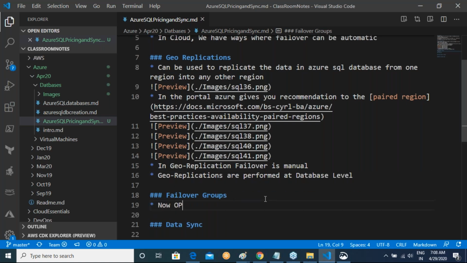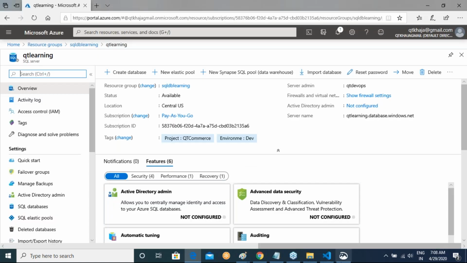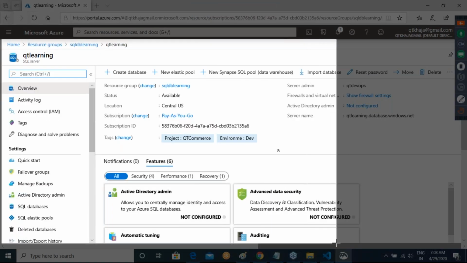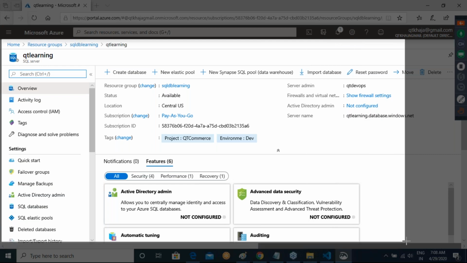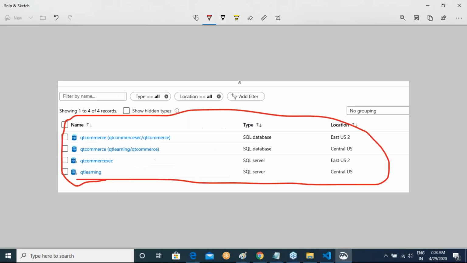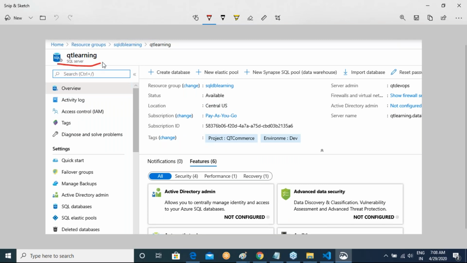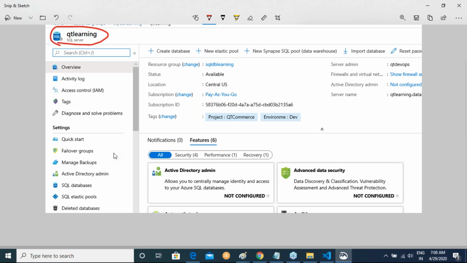Now navigate to your SQL server. So I'm speaking about SQL server, not a database. In the earlier case, I was speaking about database. And over here, you see some interesting things.